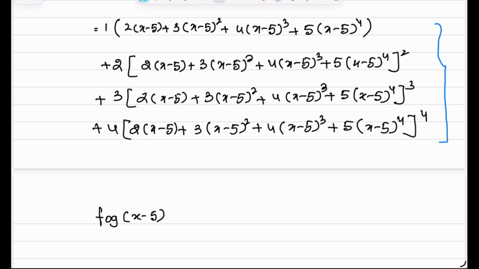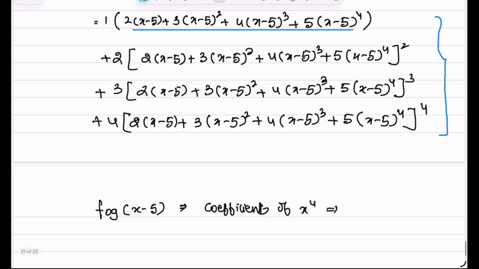Let us try to do something here. When you see the first line, (x − 5)⁴ only has the x⁴ coefficient. Coefficient of x⁴ implies 5 into 1.